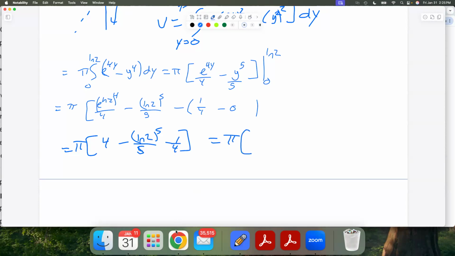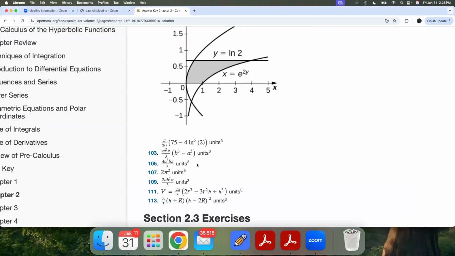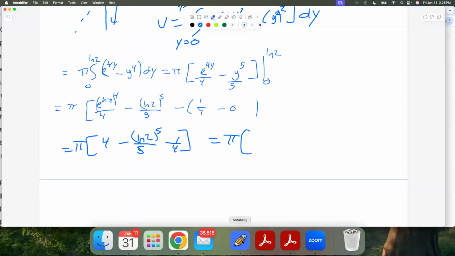Is that what they got? Looks like they got a common denominator. Yeah, that's going to be the same thing. So that's 15/4 minus ln of 2, all raised to the 5th power over 5.